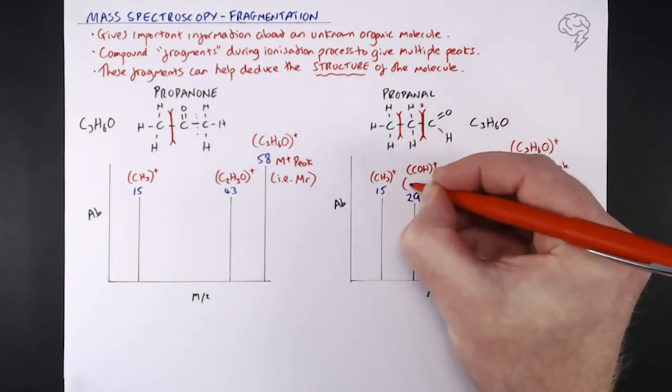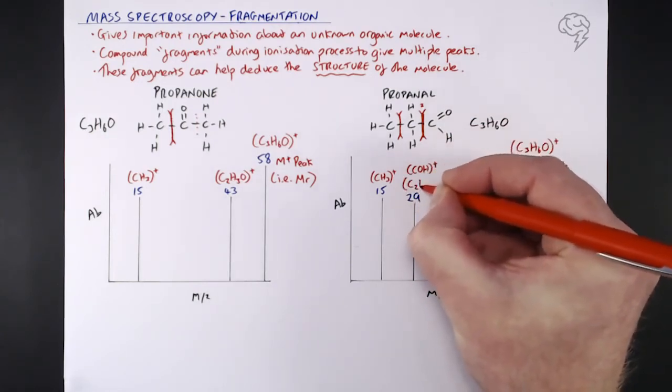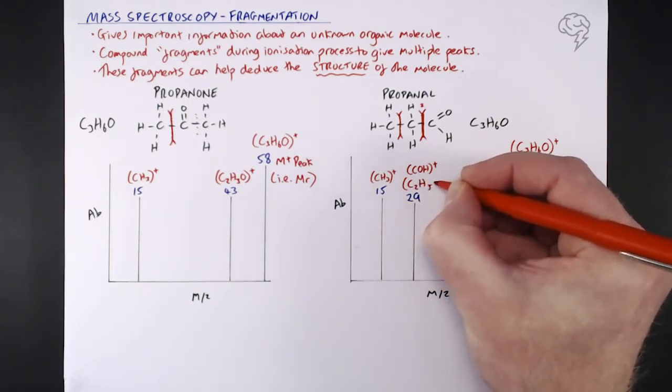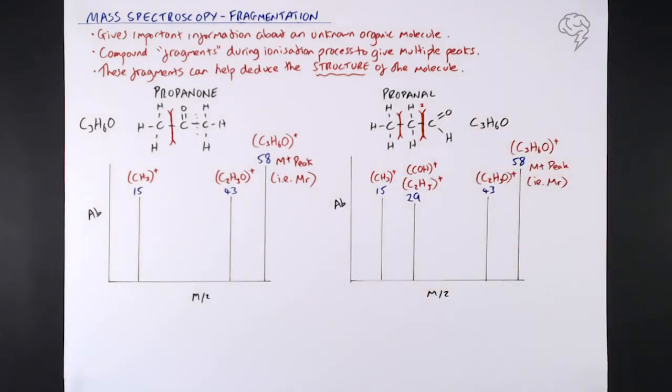So CHO+, if you add up 12 for carbon, 16 for oxygen, and 1 for hydrogen, you're going to get 29. If you add up C2H5+, that also gives you 29. Of course, 2 times 29 gives you 58. So both of those fragments have the same m/z value, so it's those two that cause that extra peak.